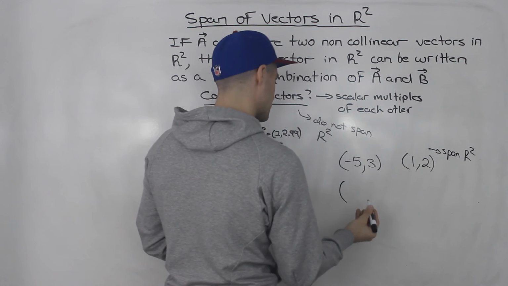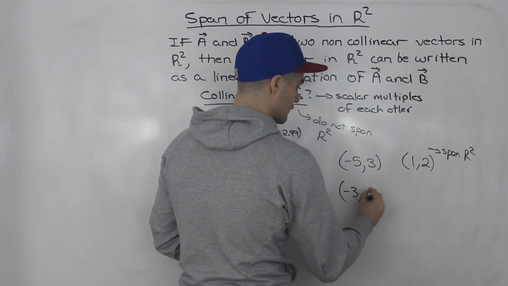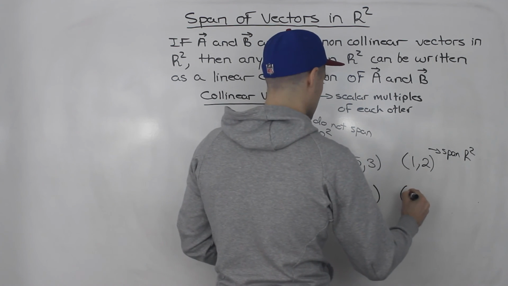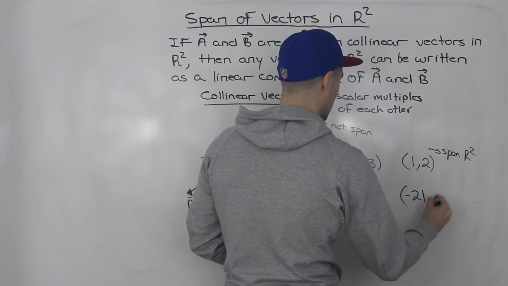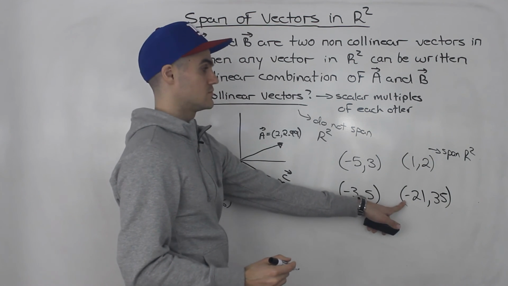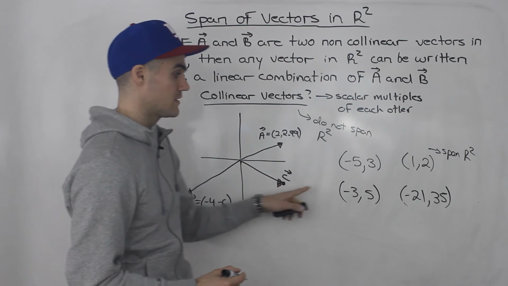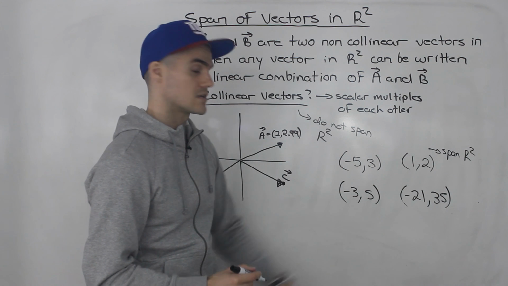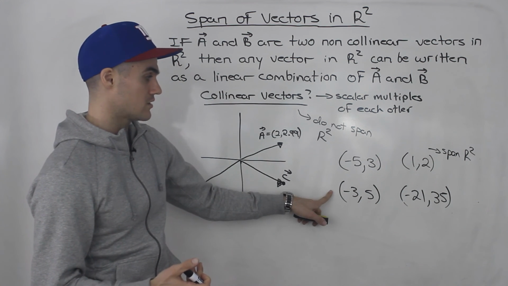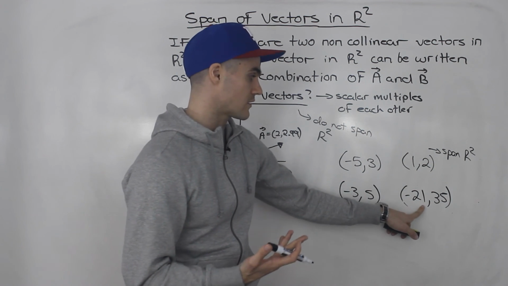But what if I have something like, let's say I got -3 and 5, and then I have -21 and 35. What about these two vectors? Do they span R2? Meaning, can any vector in R2 be written as a linear combination of these? No. Because notice that if we take this vector multiplied by a scalar of 7, we would get this vector.